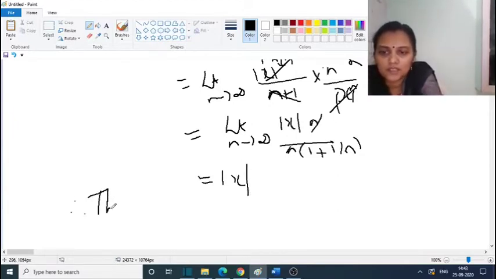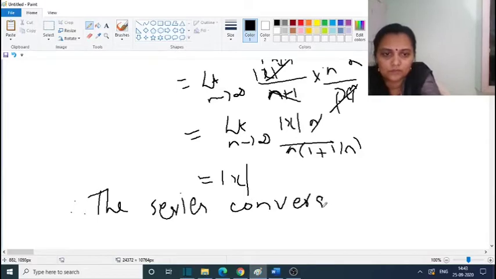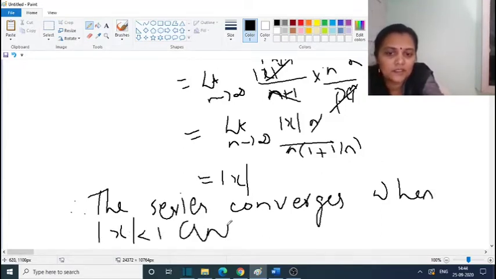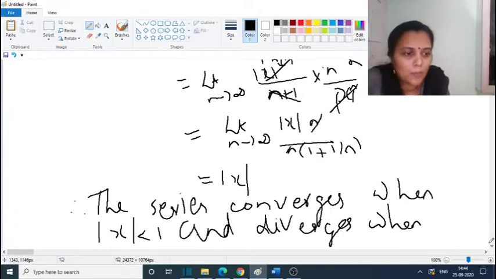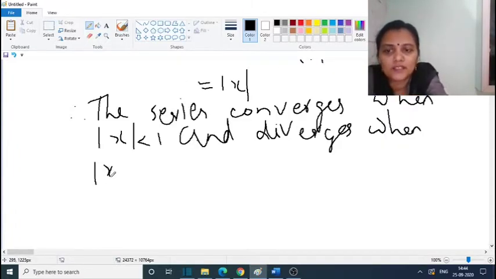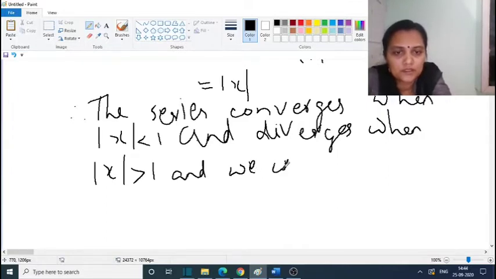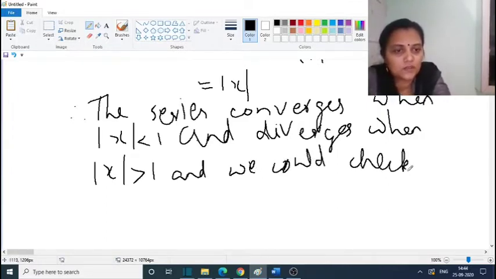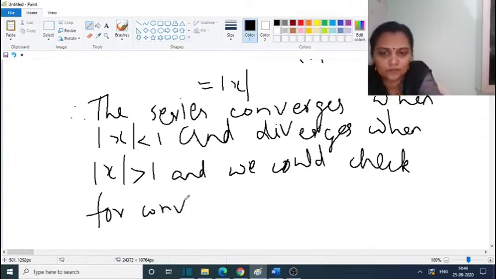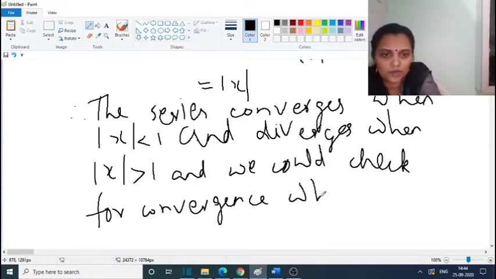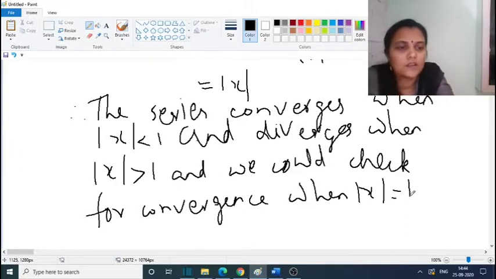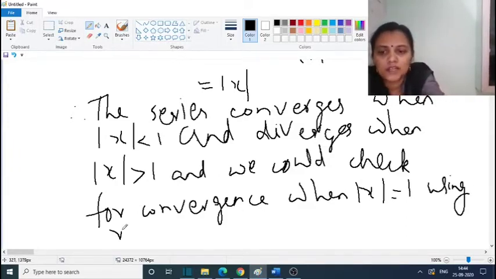Therefore, the series converges when mod x less than 1 and diverges when mod x greater than 1, and we could check for the convergence when mod x equal to 1 separately, since the ratio test fails there.